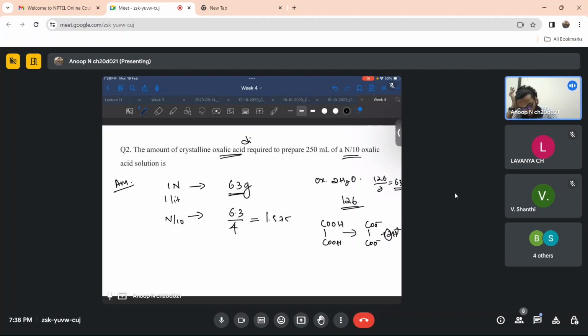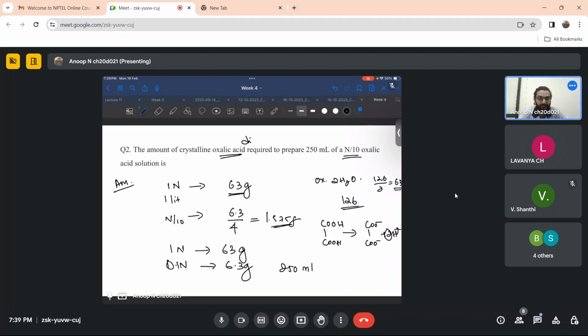I think I made it confusing. For 1 liter, 1 normal solution, you need 63 gram. For 1 liter, 0.1 normal solution, you need 6.3 gram. Here we don't have 1 liter, you have only 250 ml. So you just need 6.3 divided by 4.